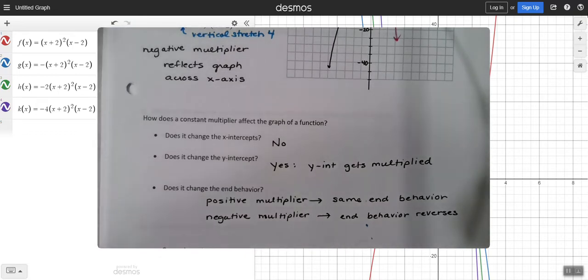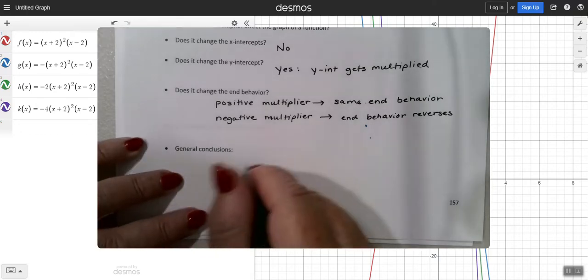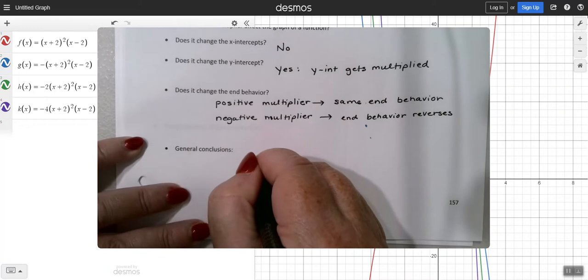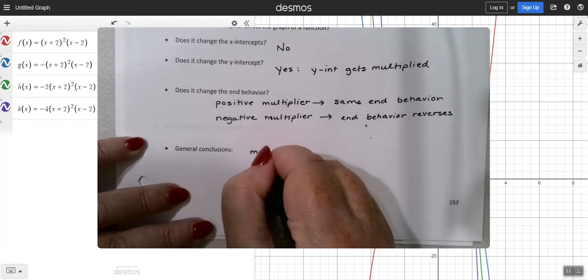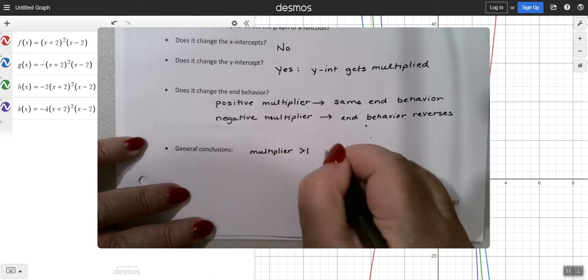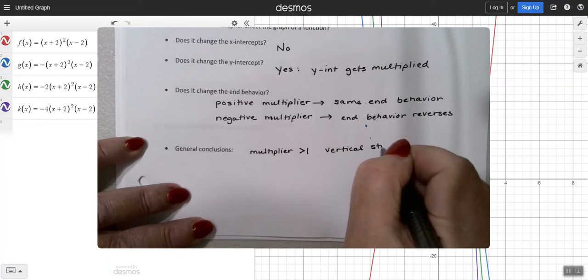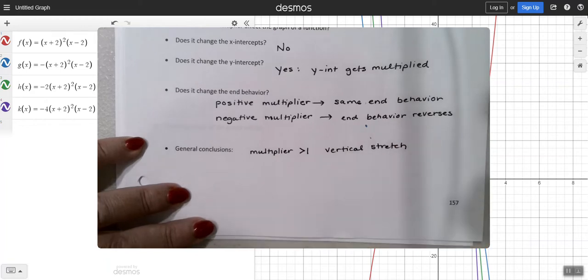All right, and then as far as any general conclusions, I just want to mention that just like we saw with the parabolas earlier, essentially when we have a multiplier, what it is is a vertical stretch. Our multipliers were all bigger than 1. So a multiplier greater than 1 does result in that vertical stretch, just like we saw earlier with the parabolas.